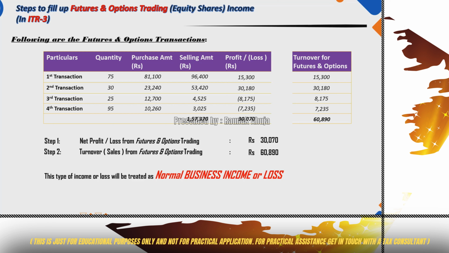Instead, as per the income tax rules, it is supposed to be treated as a normal business income. Which means, in case you have any business expenses incurred with respect to these transactions, you can also claim the benefit of those expenses, such as rental expense, telephone expense, broadband expenses, or any other expenses relating to the futures and options transactions.